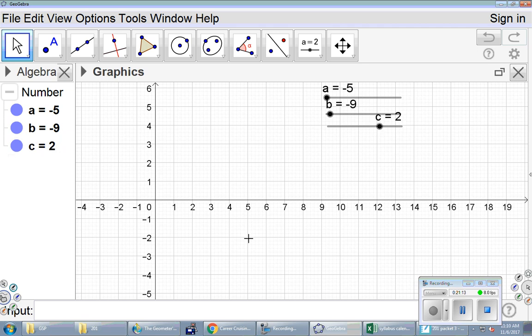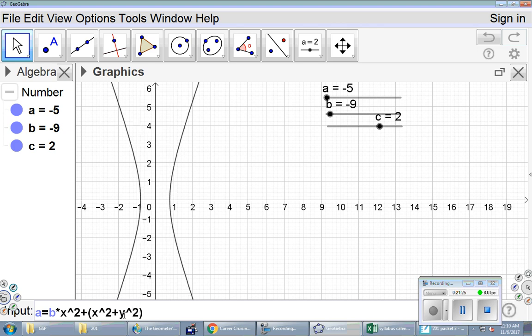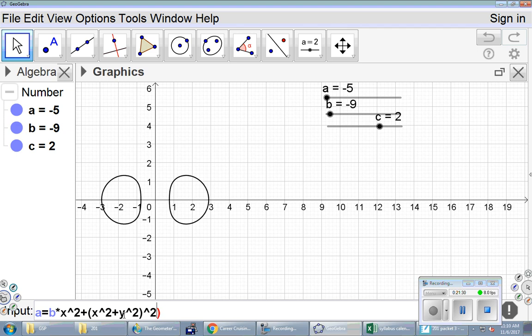Okay, so all we have to do down here is type in the equation. So I need somebody to read that equation. So it's A equals, X plus C. Okay, there it is.